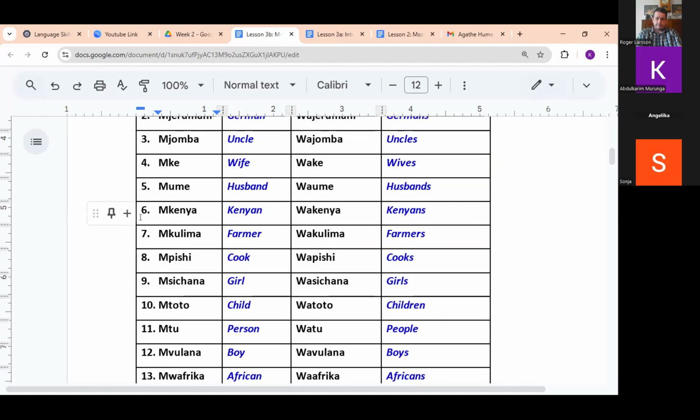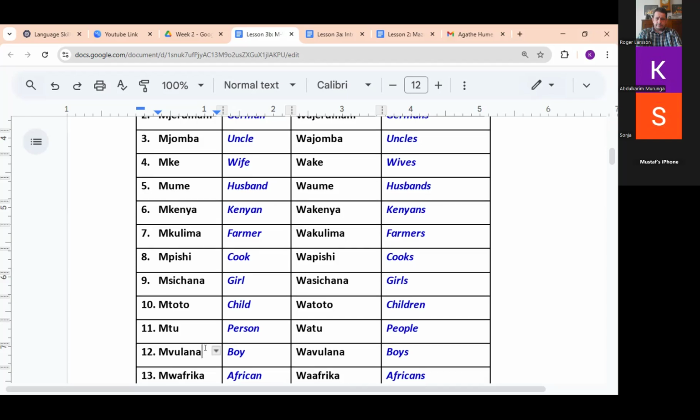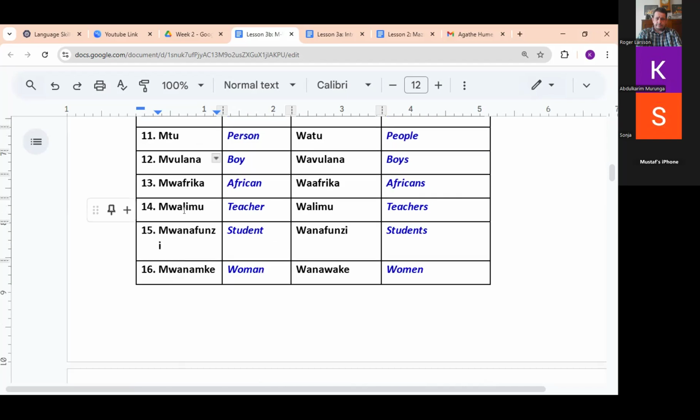Sawa, dada Sonia, I will read the singular form from 7 to 12 here. You read the plural form. Mkenya, Wakenya, mkulima, wakulima, mpishi, wapishi, msichana, wasichana, mtoto, watoto, mtu, watu, mvulana, wavulana.